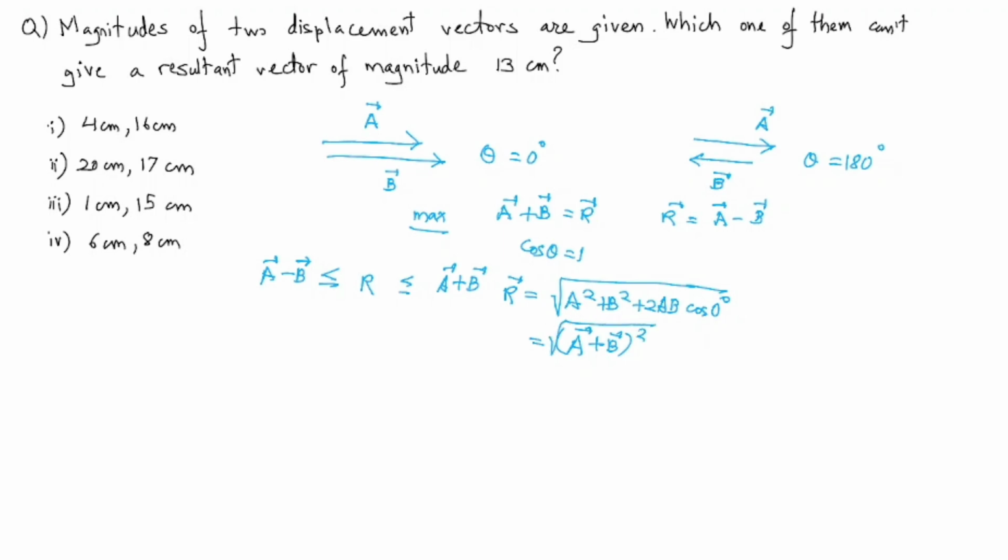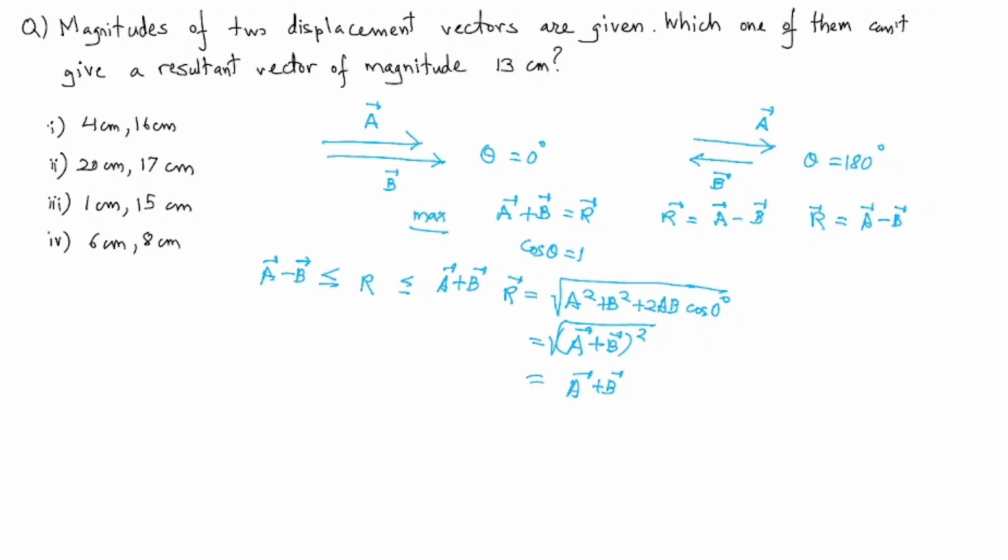That means a plus b. Similarly, for theta equals 180, the resultant will become a minus b. Carry out this mathematical calculation and check if it is correct or wrong.